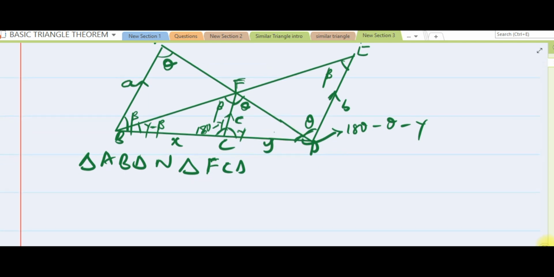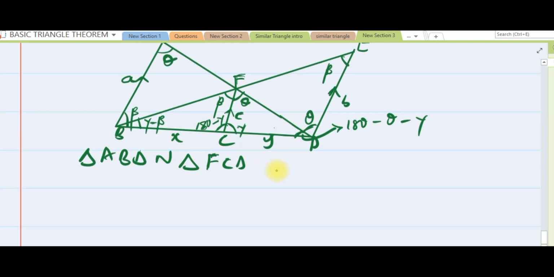So let's derive something very important. Since they are similar, the ratio of the corresponding sides are proportional. So x plus y over, if you notice, this is theta for the bigger triangle, opposite x plus y. This is also theta, so it is opposite what? Y. Must be equal to the side here, the angle here being 180 minus theta minus gamma.